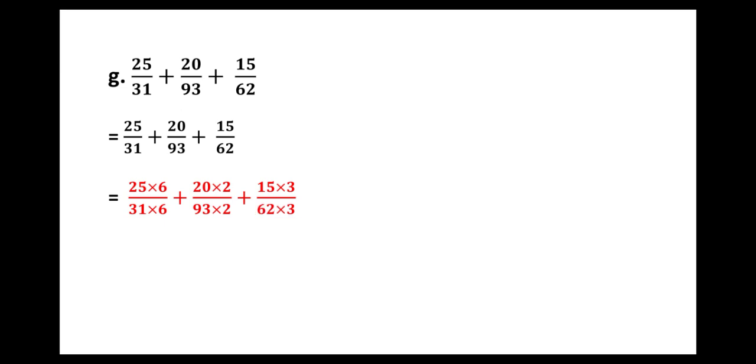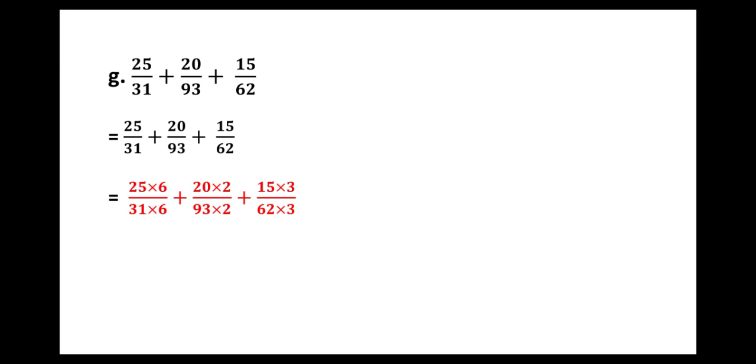The LCM of these three denominators is 186. So now I need to know the numbers by which I multiply to get 186. So 6 times 31, we get 186. So we multiply this fraction by the number 6.